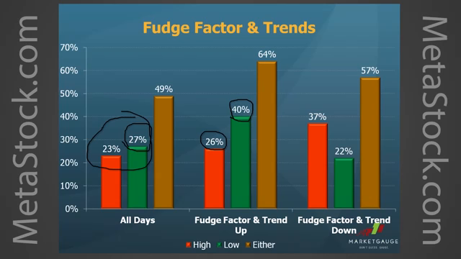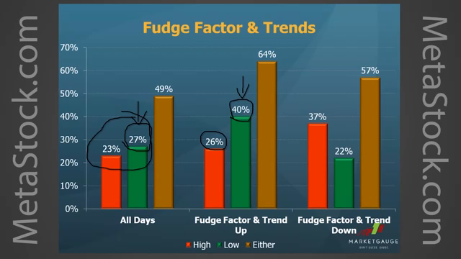Let me put this in layman's terms. If you had to buy against an opening range low, would you rather be the buyer when you know the stats are 27% of the time that low is going to hold, or would you want to be a buyer when 40% of the time it's going to hold? All right, I'd say 40% of the time, naturally.